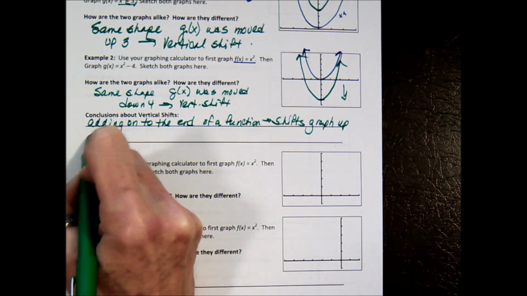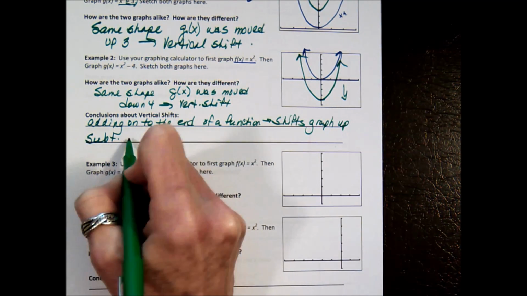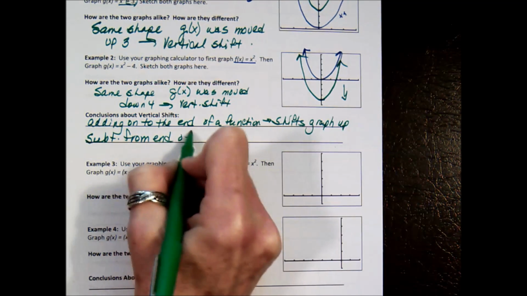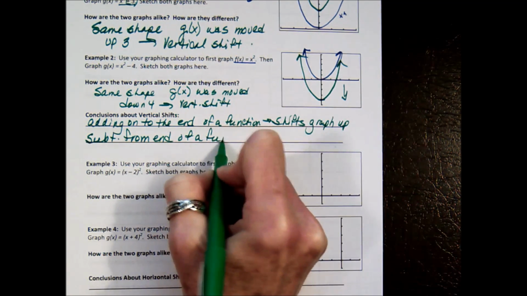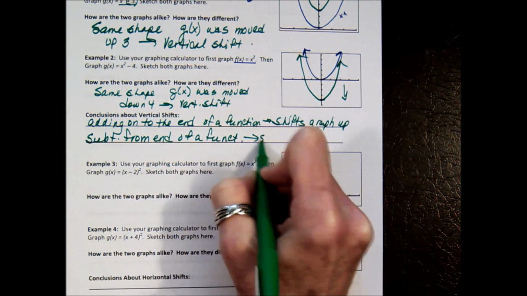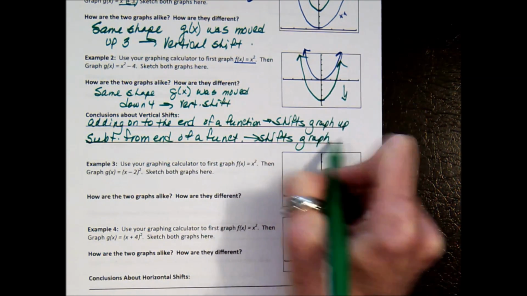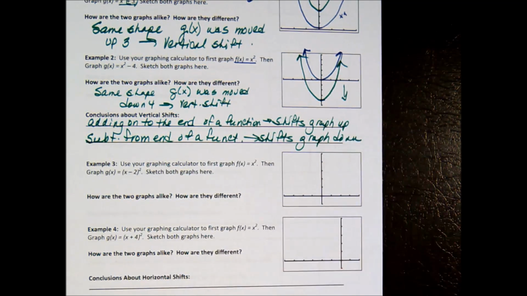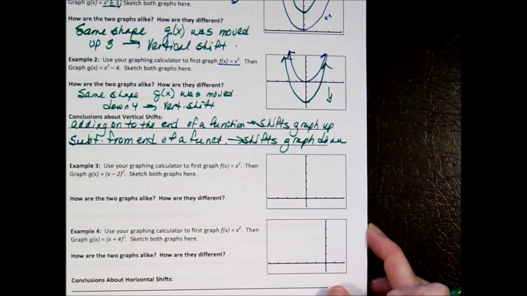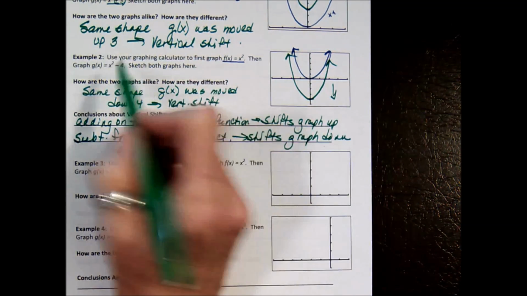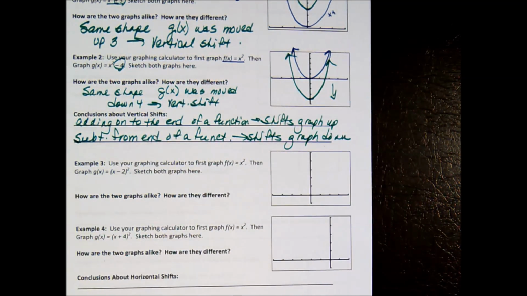And subtracting from the end of a function shifts the graph down. And we call both of those a vertical shift. And this is the one that is fairly intuitive. Adding on or subtracting from the end is going to move the graph up or down.